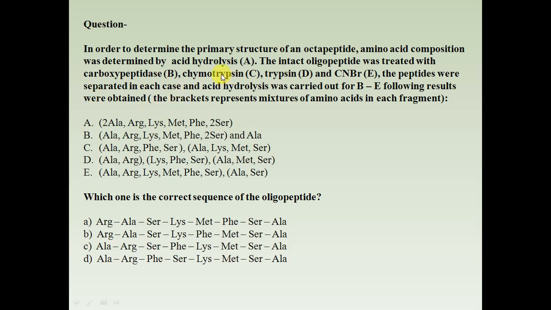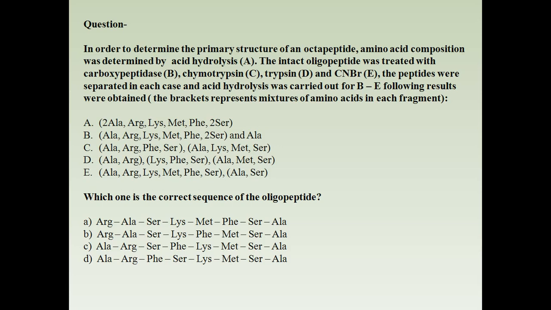The next one is chymotrypsin, and it gives the composition C. As you know, the nature of cleavage of chymotrypsin is the C side of Rn, and Rn could be either phenylalanine, tryptophan, tyrosine or leucine.